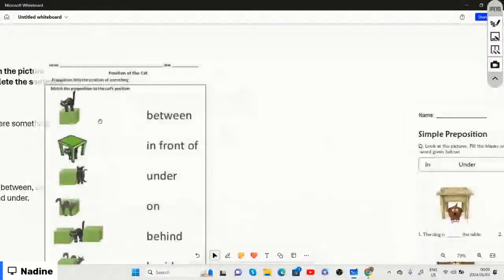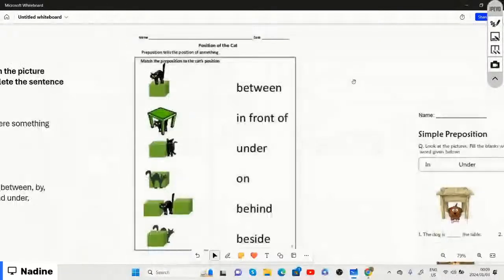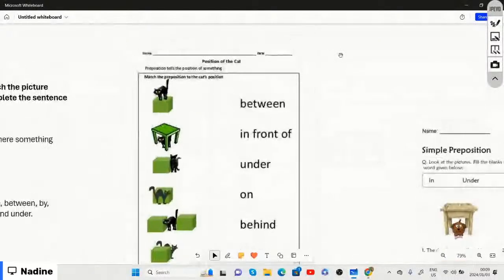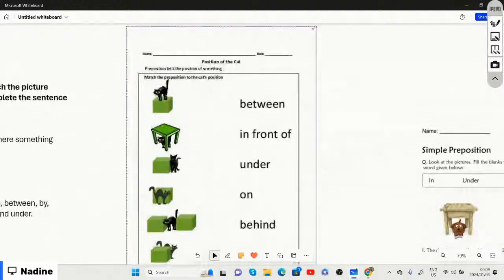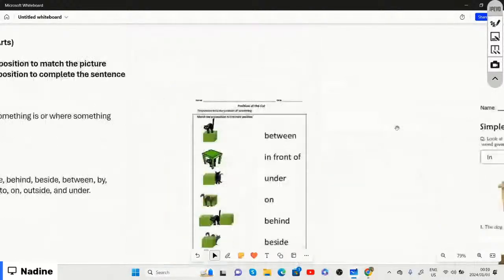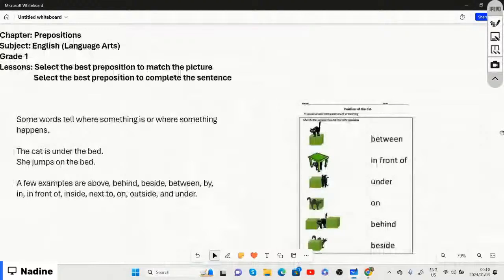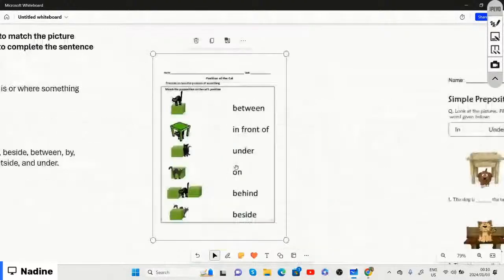If we now go on and look at certain pictures, because the first lesson is to select the best preposition to match the picture.